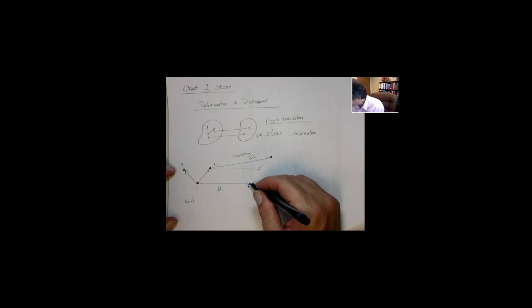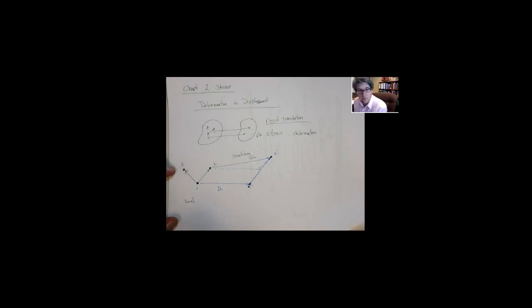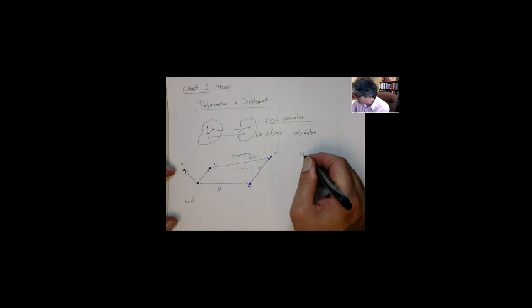And if you look at this, in a sense, this line segment, I'll put little primes here to denote the deformed, this line segment from 1 to 2 has stretched from 1 prime to 2 prime. So there's a stretching of 1 prime, 2 prime from the undeformed configuration, which is 1, 2.